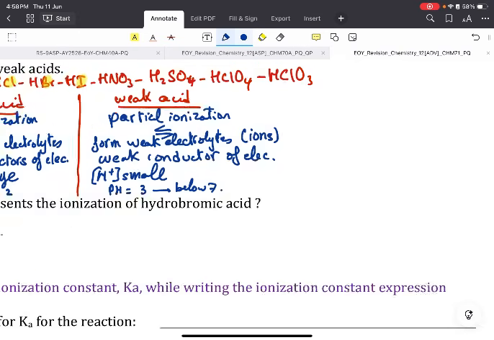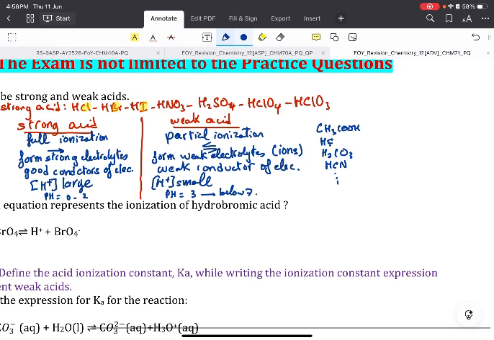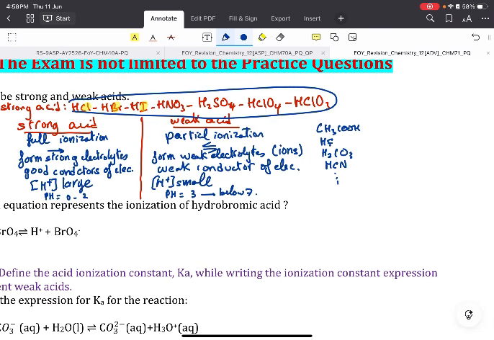Now some examples of weak acids, the most common one, acetic acid, HF, hydrofluoric acid, carbonic acid, hydrogen cyanide, etc. I don't recommend memorizing the list of weak acids, but focus on knowing the list of strong acids. Wherever that is not in this list is going to be a weak acid.